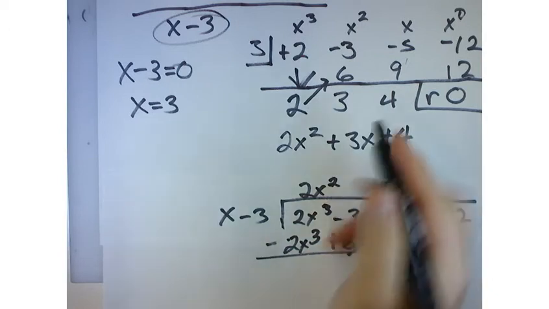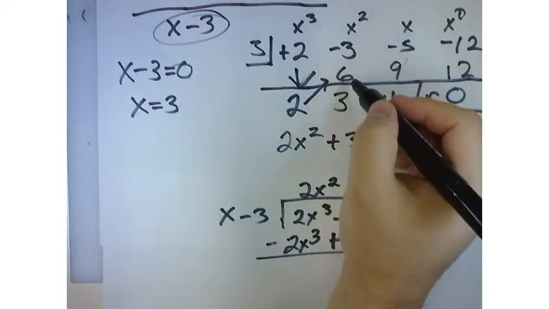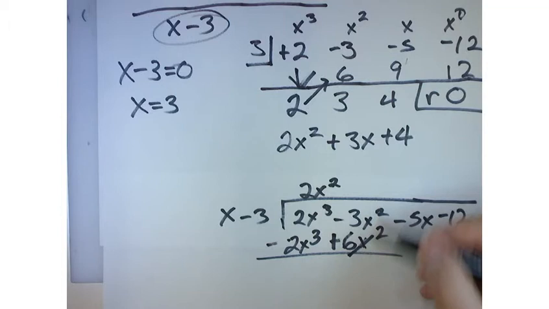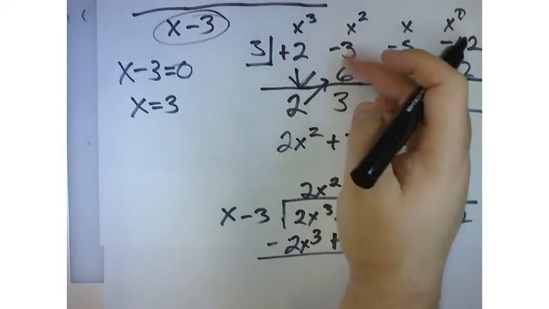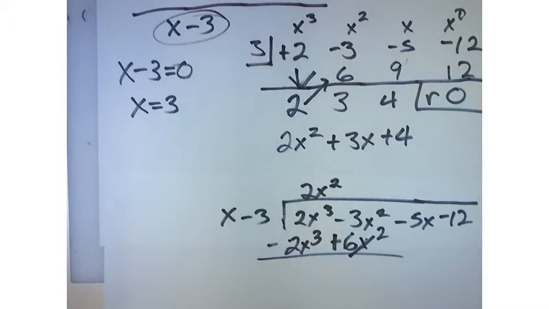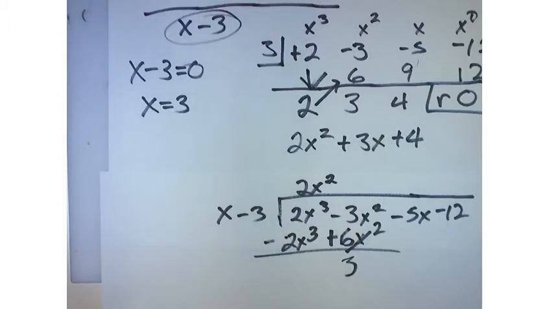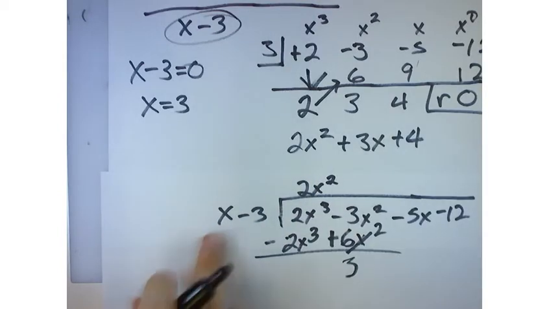Now it's no accident. What am I adding here? I'm adding 6. So I have negative 3x squared plus 6x. What do I have in my x squared column? Negative 3 and 6. So those cancel, and what am I left with? 3. That's no accident.